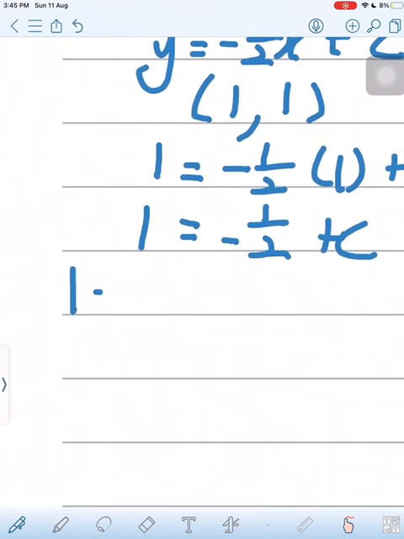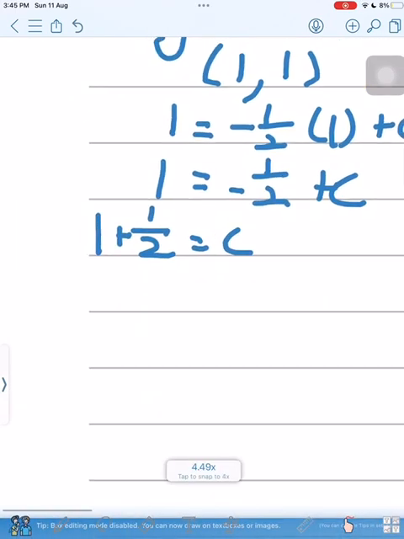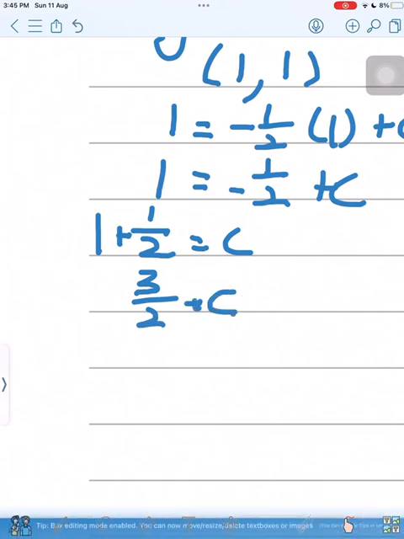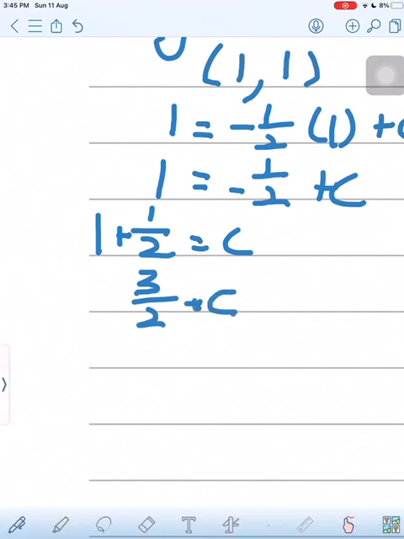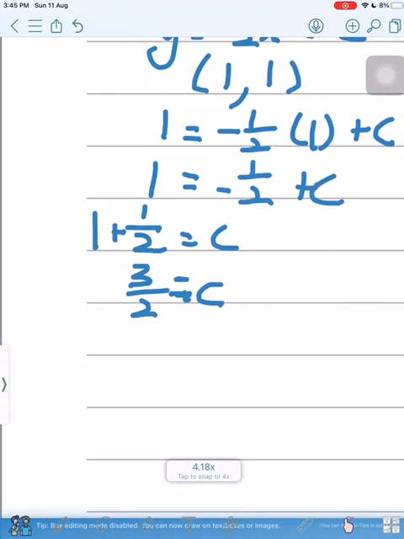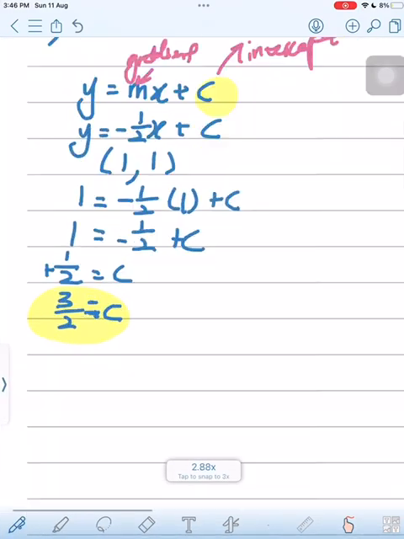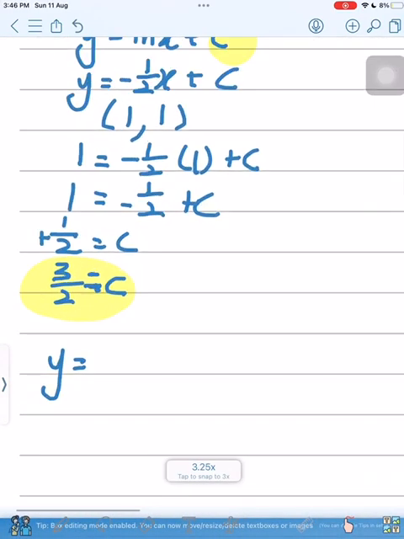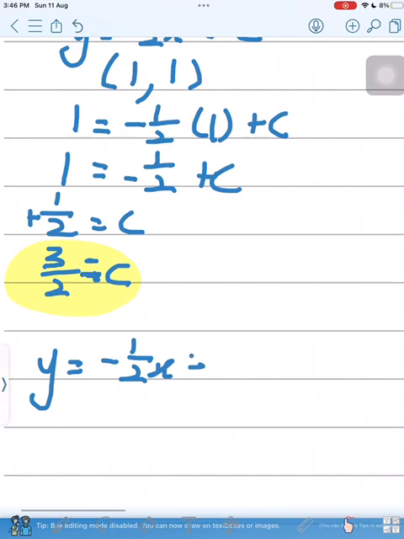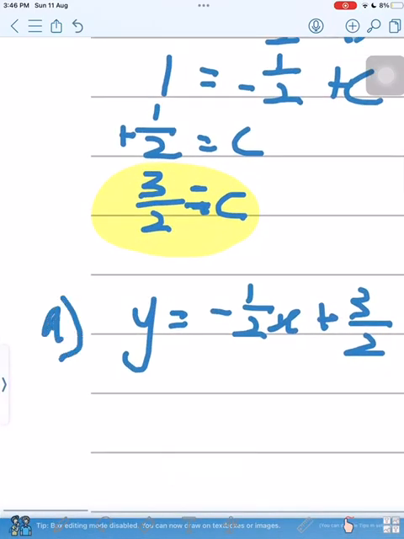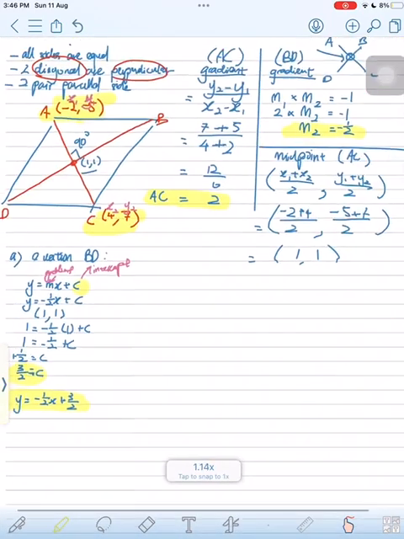Then we solve for c. So 3/2 equals c. We put c into the equation, so the equation is y equals -1/2x plus 3/2. That's your answer for A.